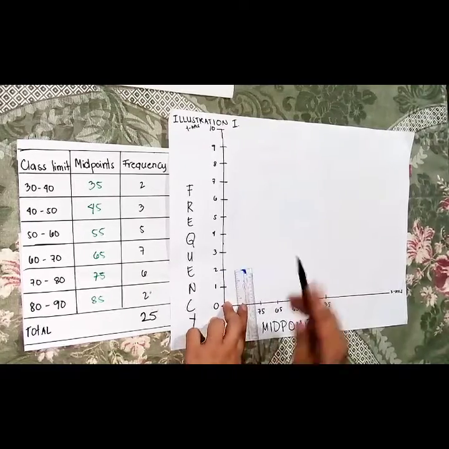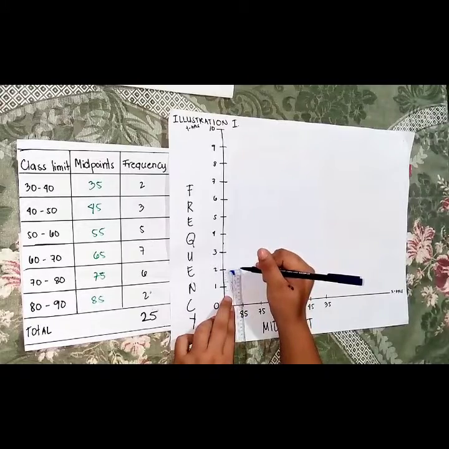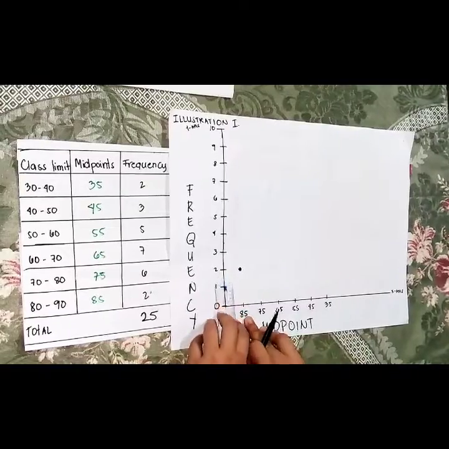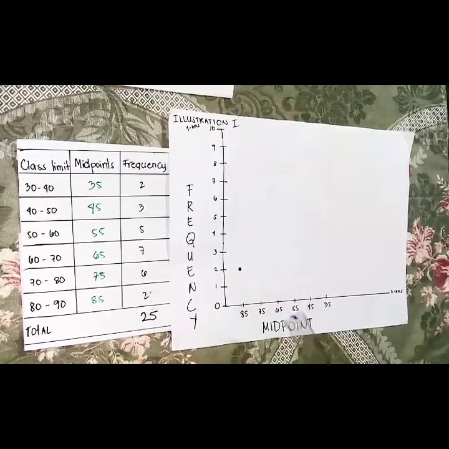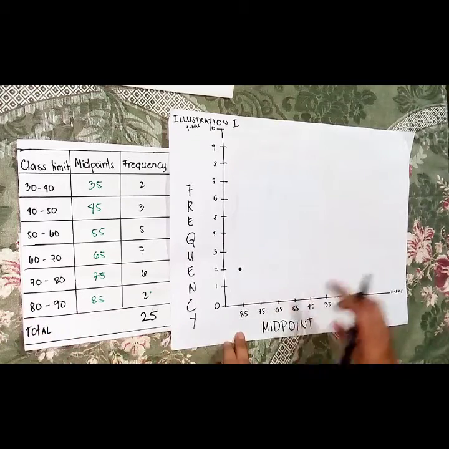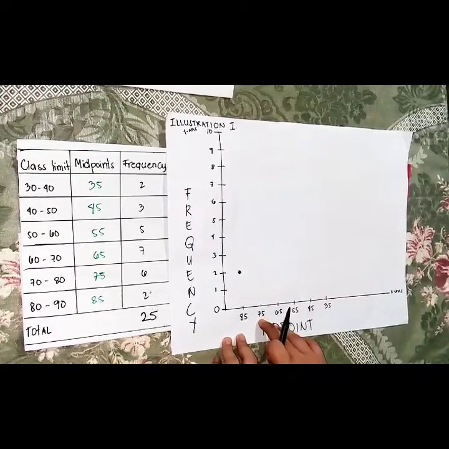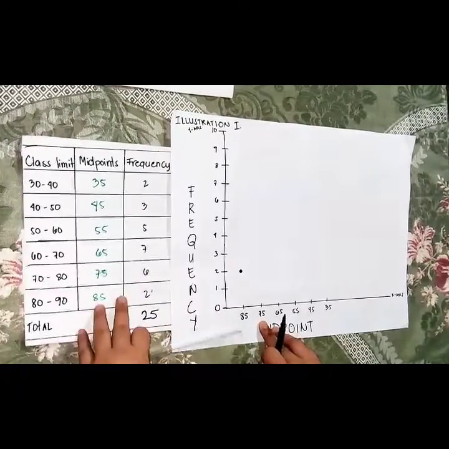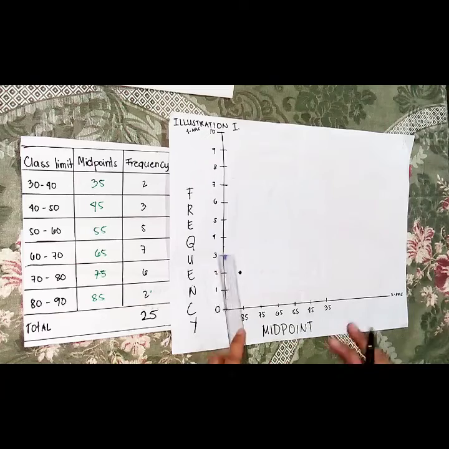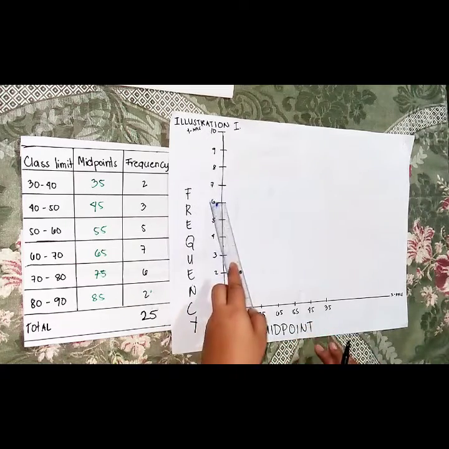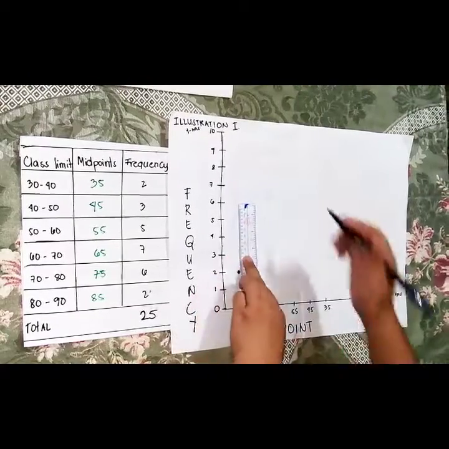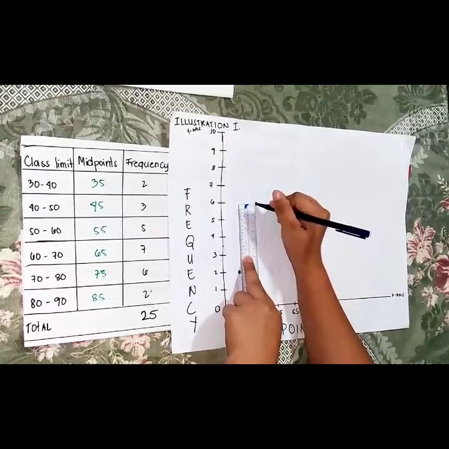So we are going to shade here, because this is how to create a line graph. Next, in our midpoints, we have 75 with a frequency of 6. So we are going to point the shade to number 6, which is our frequency. So 75 has a frequency of 6.